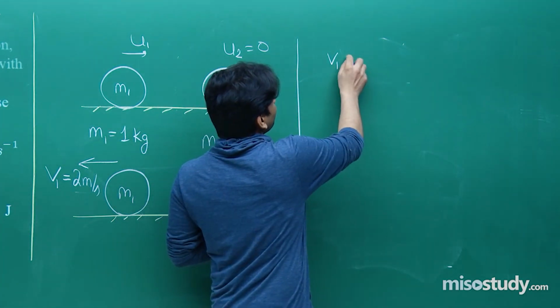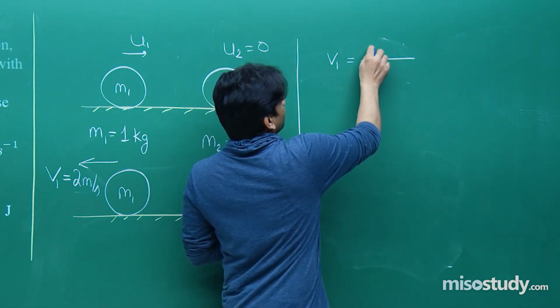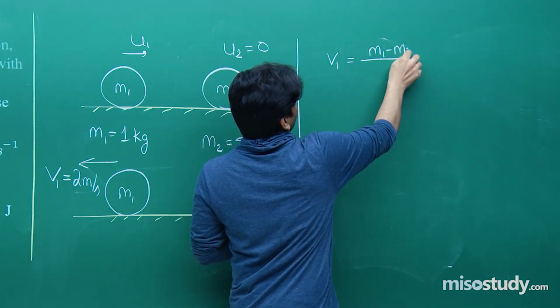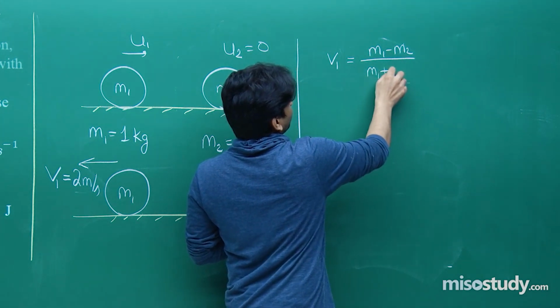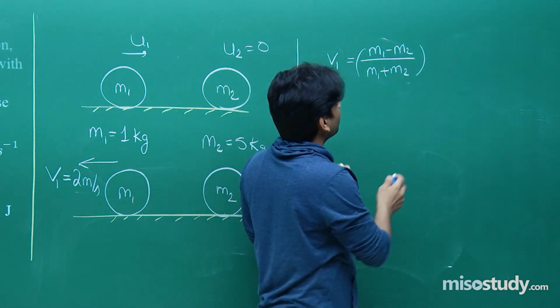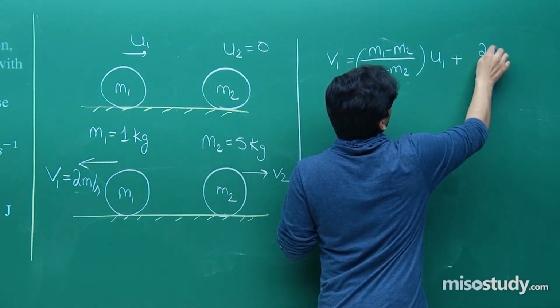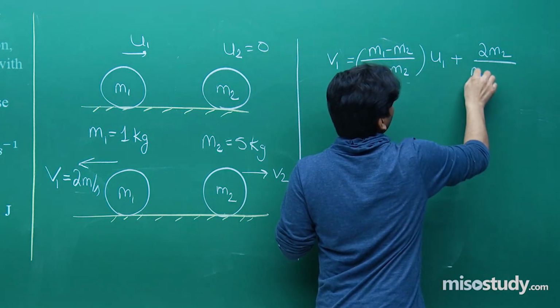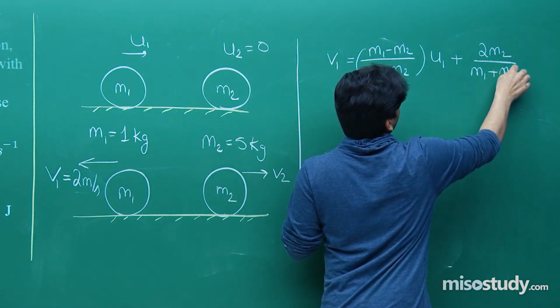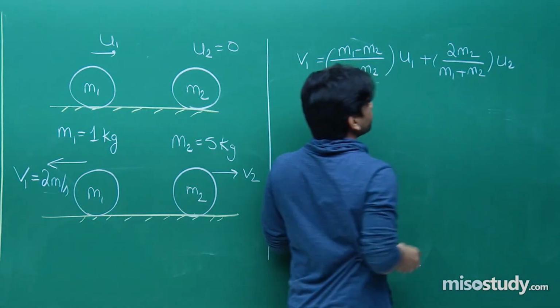This can be given in terms of the initial velocities of both the bodies: m1 minus m2 upon m1 plus m2 multiplied with u1, plus twice m2 upon m1 plus m2 multiplied with u2.